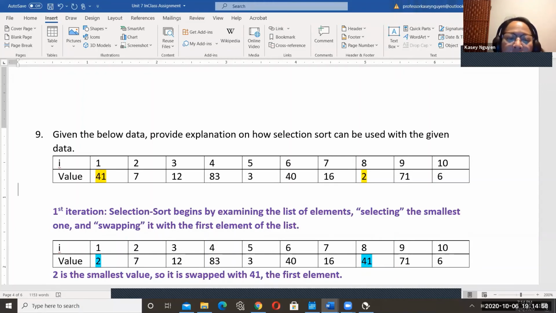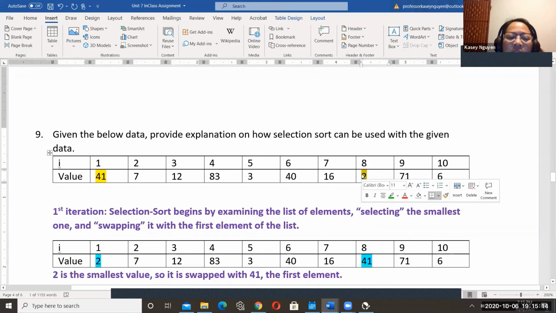So you have 41, 7, 12, 83, 3, 40, 16, 2, 71, and 6. In the first iteration, it would examine the smallest value, which is the 2, and then we need to swap it.